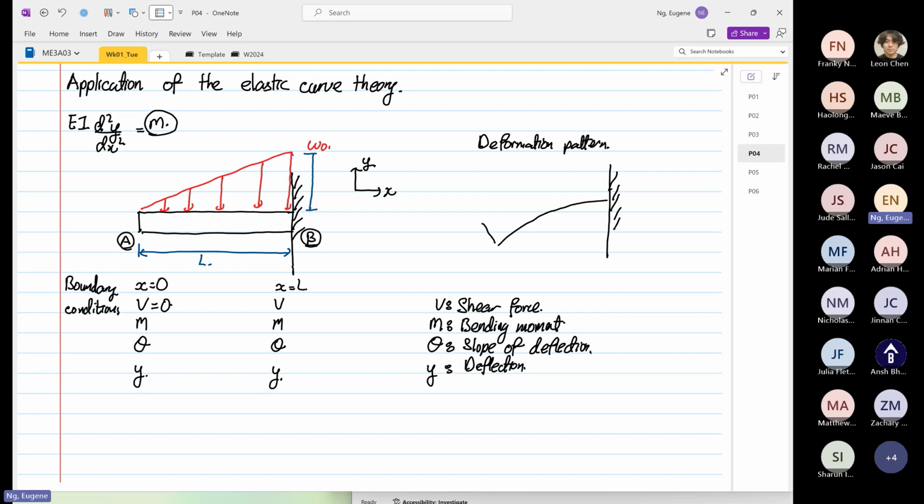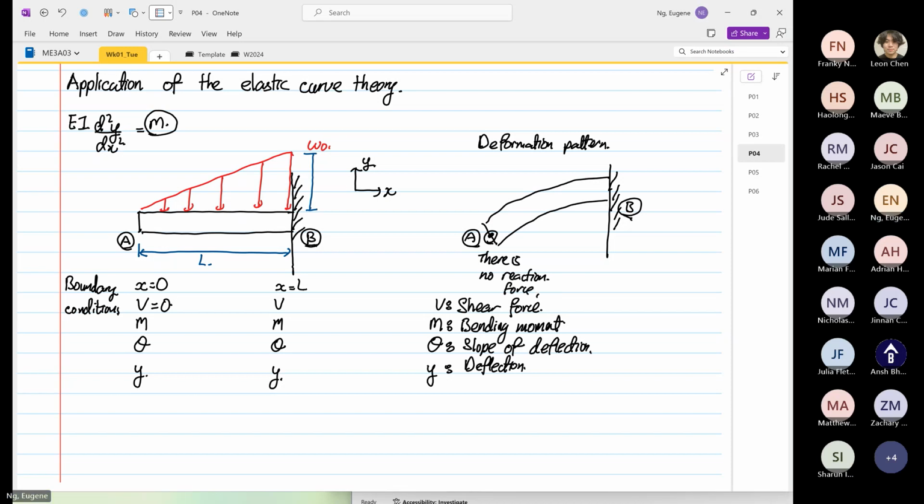So this is our point A and this is our point B. At point A, there is a deflection, and the fact that it's allowed to deflect at its maximum means there is no reaction force.